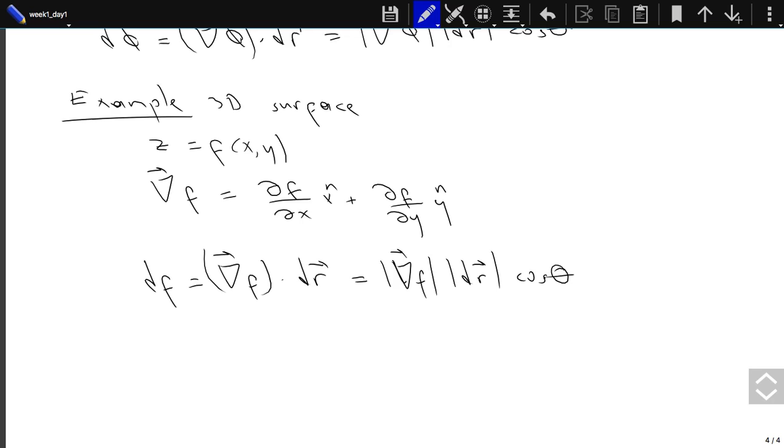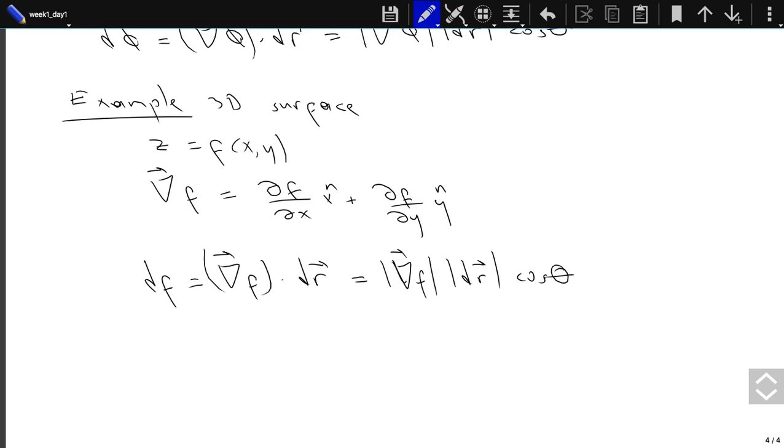Now, I started from this point, and if I move in that direction, then f is decreasing. f decreasing means df is negative. Since the magnitudes are positive, cosine theta is negative. Remember, theta is the angle between dr and gradient of f. If cosine theta is negative, theta is larger than 90 degrees.